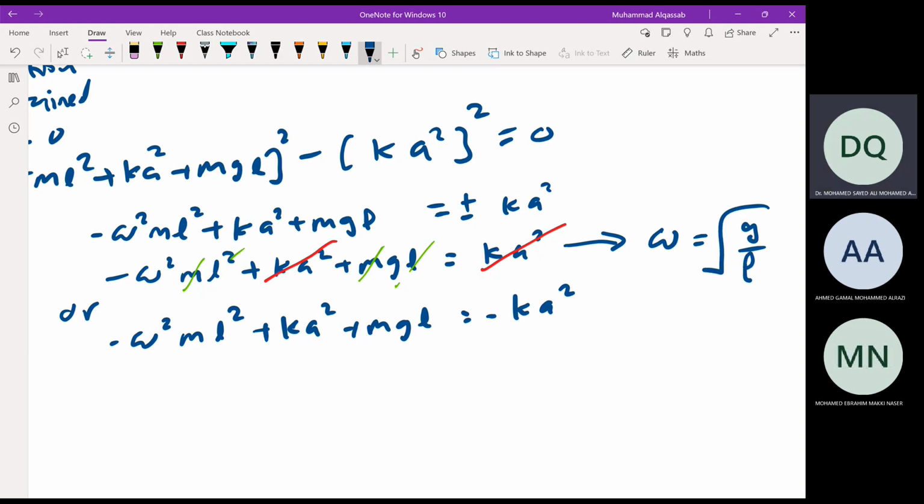And omega becomes the square root of G over L. The second equation, we will move minus Ka squared to the other side, and it becomes 2Ka squared.